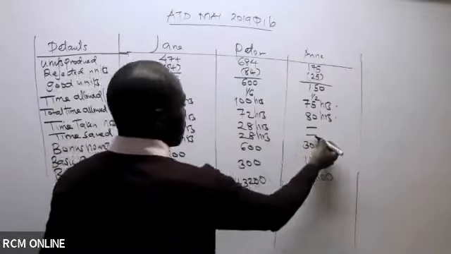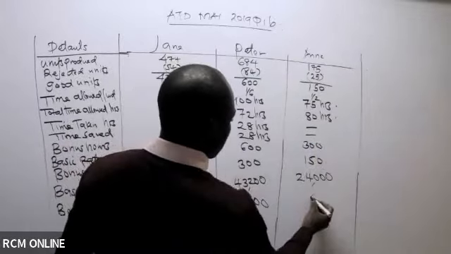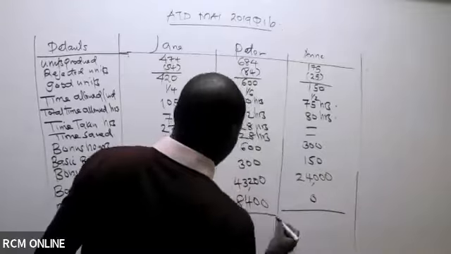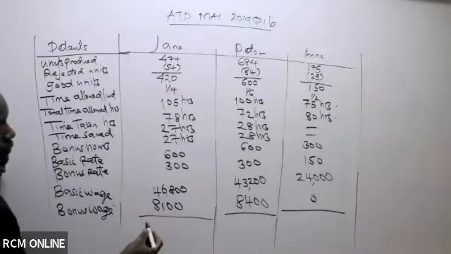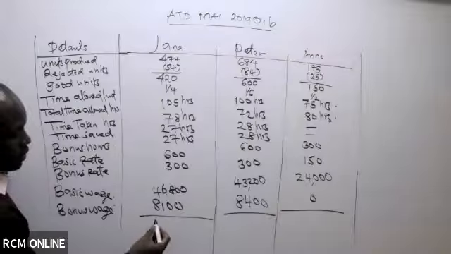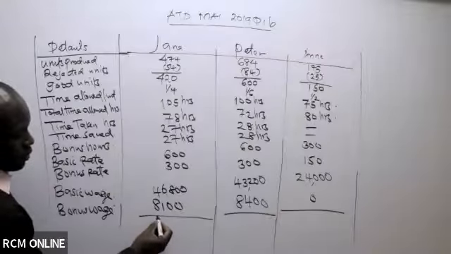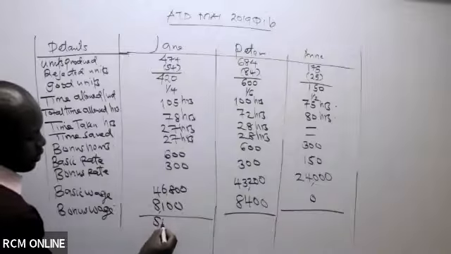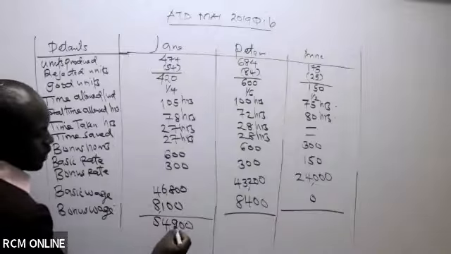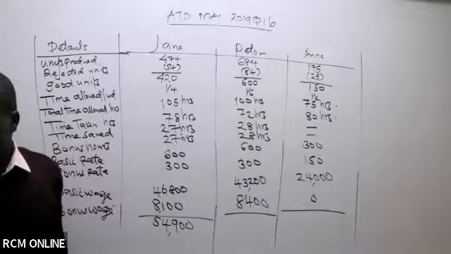Then we don't have bonus hours here, so we don't have anything with the bonus. And then you now get the total. This one here will be 54,900.